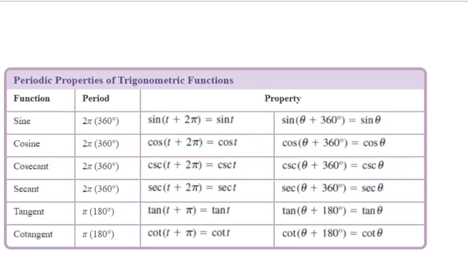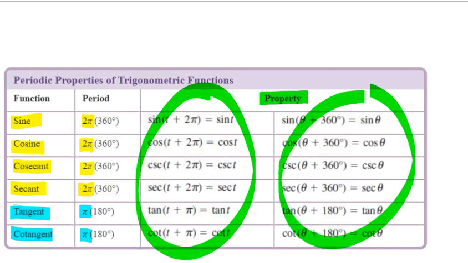So again, sine, cosine, secant, and cosecant all have periods of 2 pi, but tangent and cotangent have periods of pi. And here we see the property listed that allows us to see that. The first one is in radians, and the second one is in degrees.